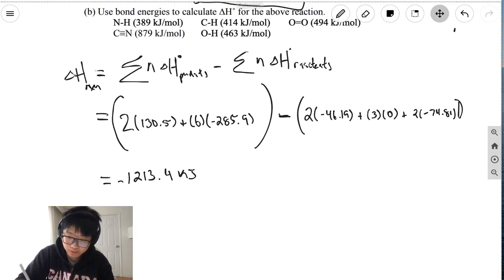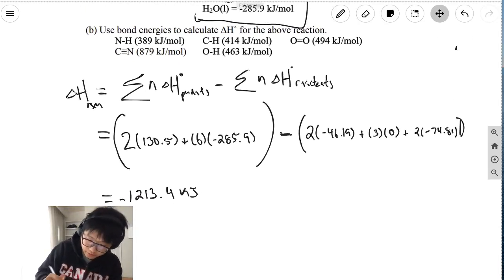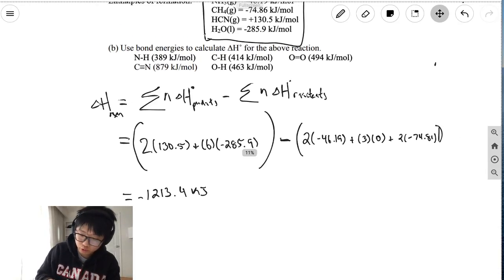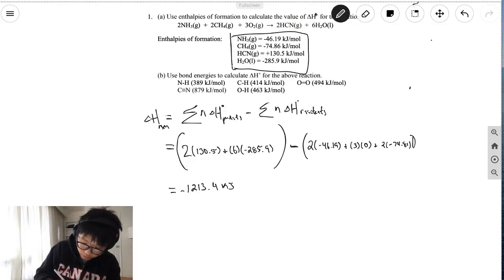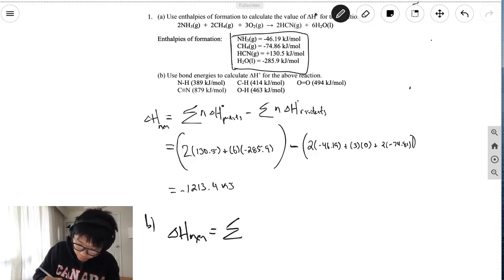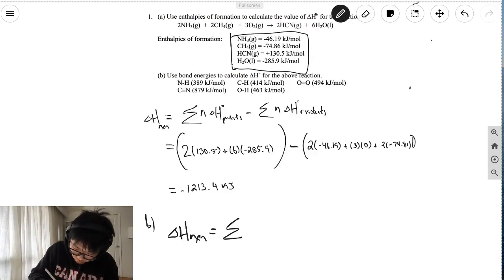Now looking at the last way, B requires you to know the Lewis structures of each of these. B is saying delta H of the reaction is equal to the sum of all the bond energies, so still coefficient n times, this time, bond energy of all the bonds.